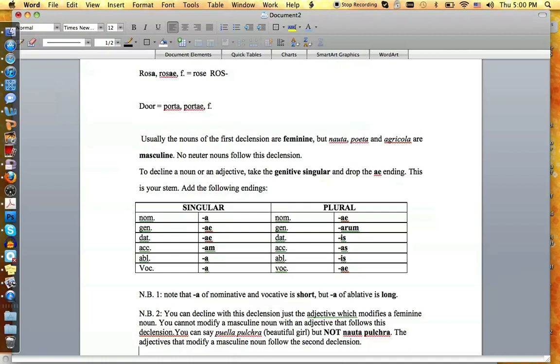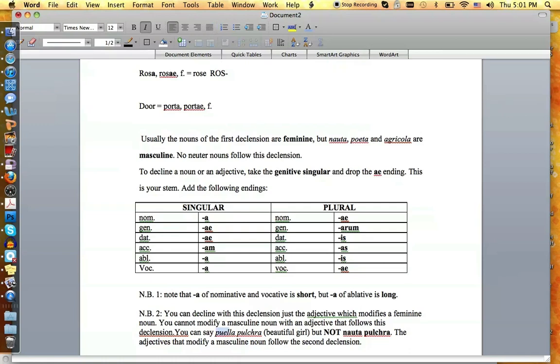You will find these nouns in the vocabulary list. Here I wrote the three main ones, nauta, poeta, and agricola are masculine because, of course, these were professions of males and not of females in the Roman world. So apart from these few, you can be sure that all the other nouns are feminine, so the gender is easy to remember.